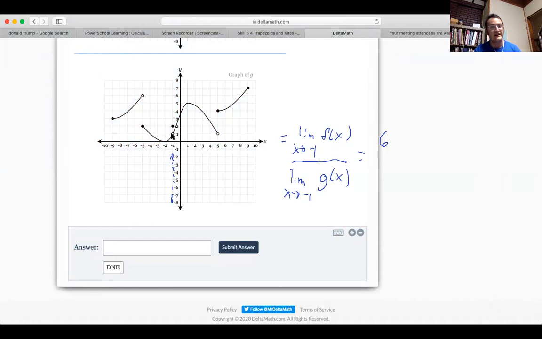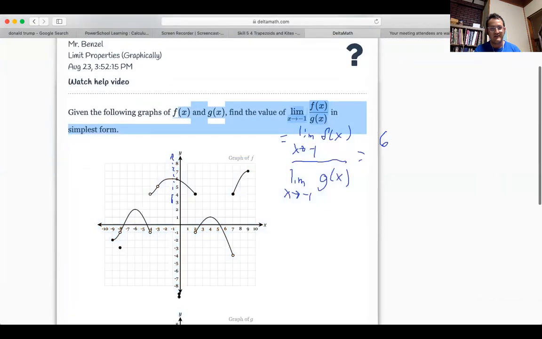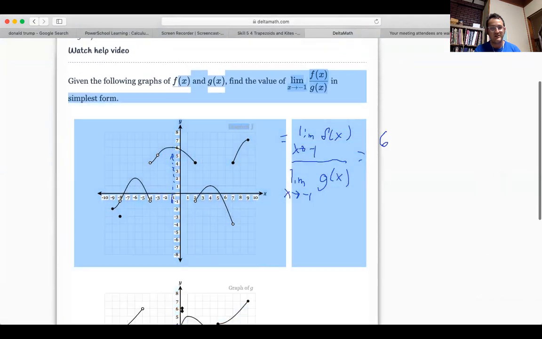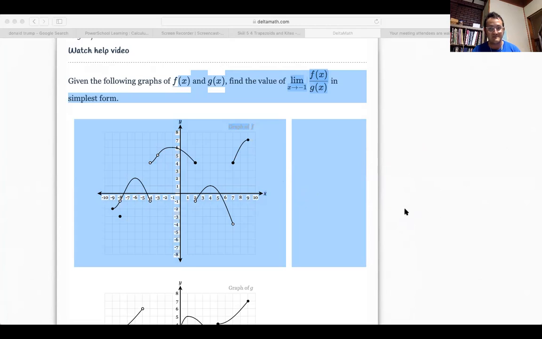That's going to be about 1. Let me get back down to the annotate here. So I'm going to put in that value that I found from that graph. And lo and behold, we are done. So let's see how this works. So the answer should be 6.